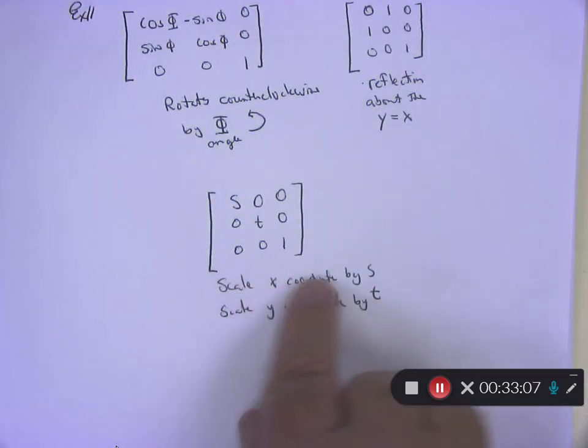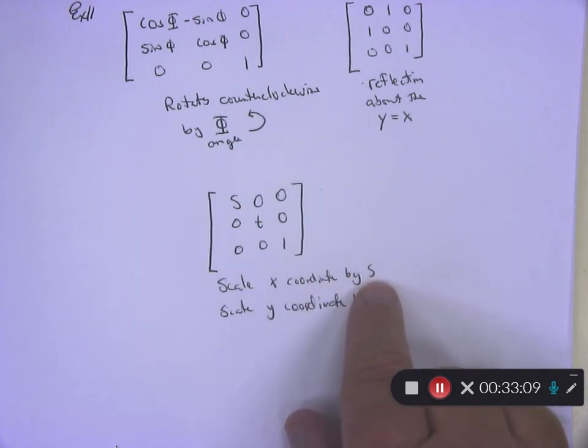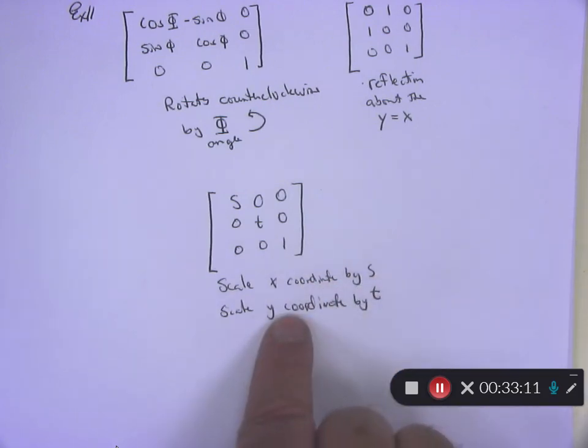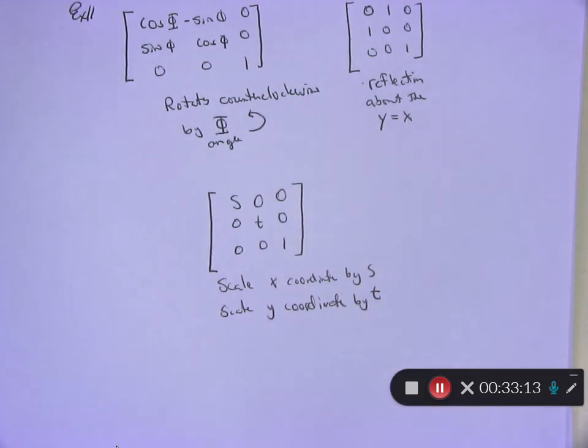It's going to take the x coordinate and scale it by s, and take the y coordinate and scale it by t. So we're taking those same transformations, which I went through the book and printed out here for you, to show you all those different transformations you can do. All we're doing is adding on 0, 0, 1, 0, 0, 1 to make it an R3 instead of an R2, but it allows me to do more things within those transformations.